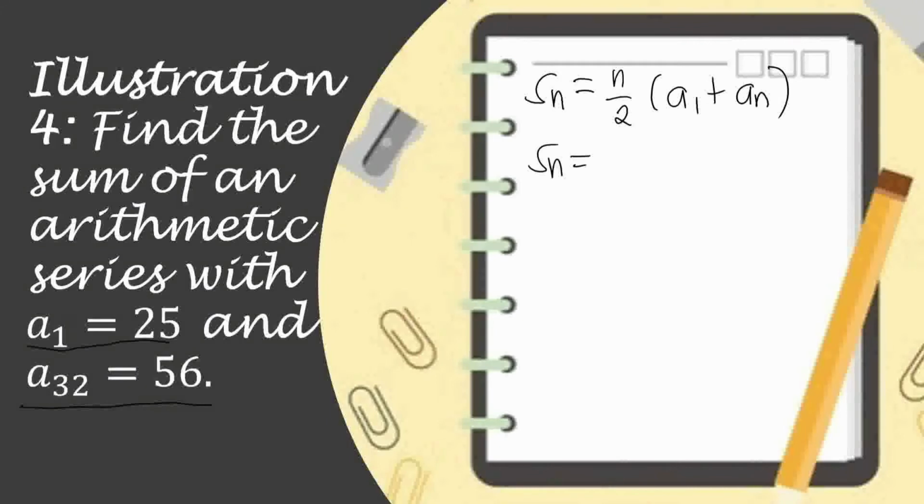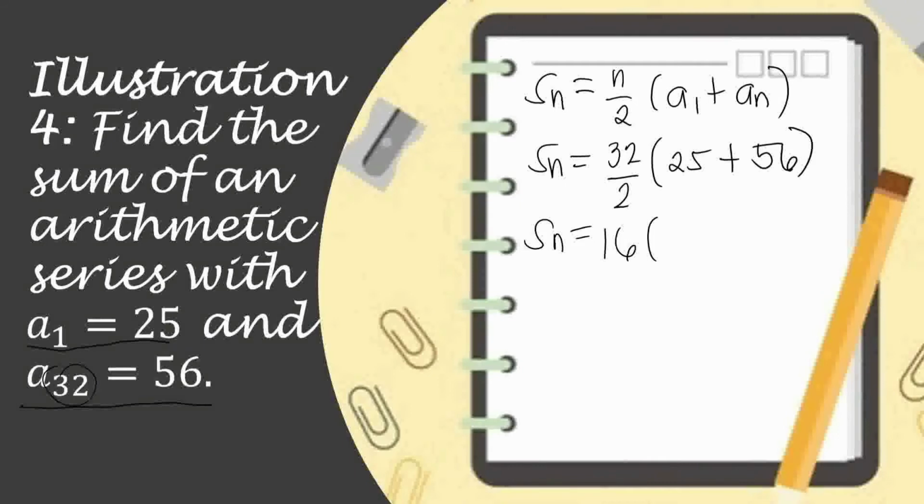So, yung n natin is itong 32. 32 over 2 times yung first term, a sub 1, which is 25, plus a sub n, which is 56. 32 over 2 is 16, times 25 plus 56 is 81. So, calculate lang natin. Yung sum from 25 to 56 is 16 times 81 is 1296.